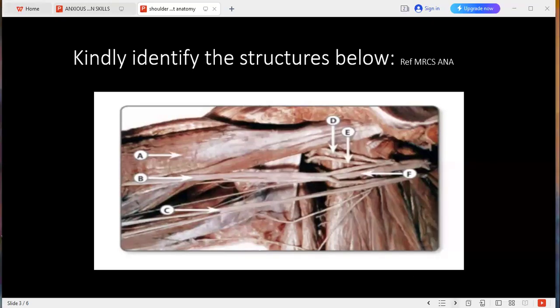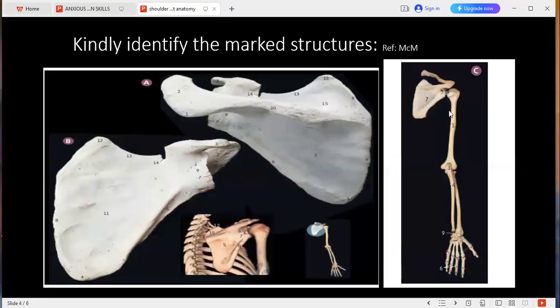Good. Can you please tell me how the shoulder joint is formed? The shoulder joint is formed by the union of the scapula and the head of the humerus. What are the structures which strengthen the shoulder joint?